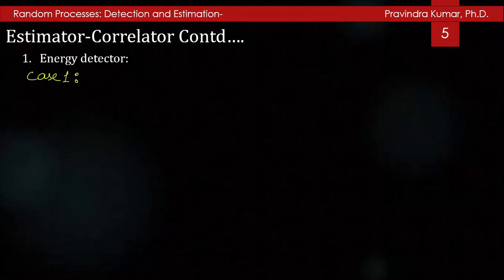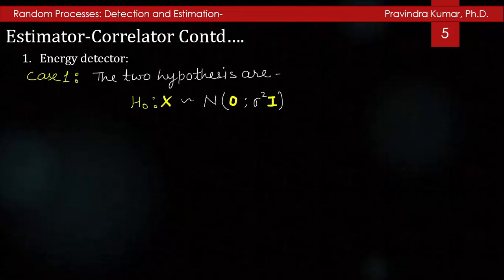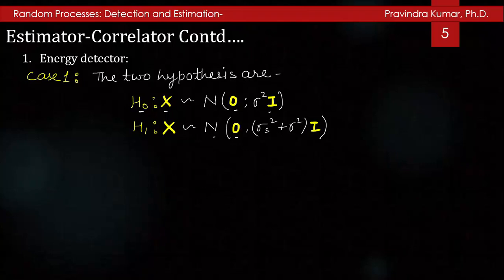The two hypotheses can also be written as: under hypothesis H0, the vector X has the normal distribution with mean 0 vector and covariance sigma square I, and under hypothesis H1, X has the normal distribution with mean 0 vector and covariance matrix sigma s square plus sigma square times the identity matrix.